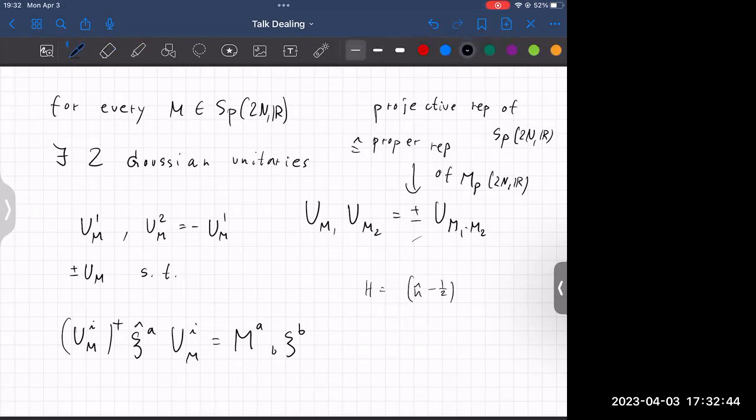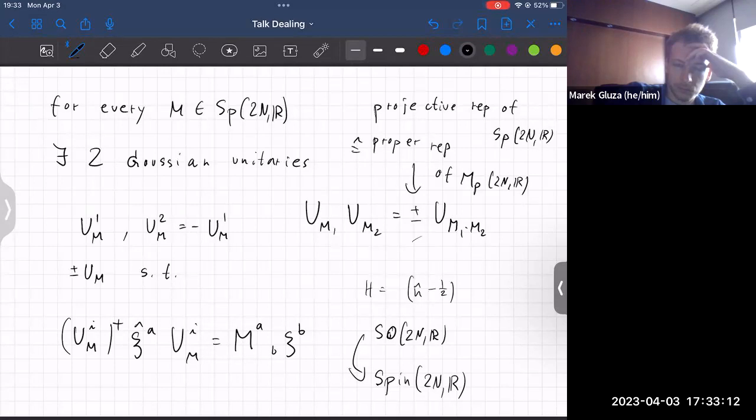In this case, you would have SO2nR, which would be your matrices and algebra, and then you would get the double cover, which is the spin group of 2nR. You might be familiar that for SO3R, the double cover is SU2, which is also the spin group Spin3R.